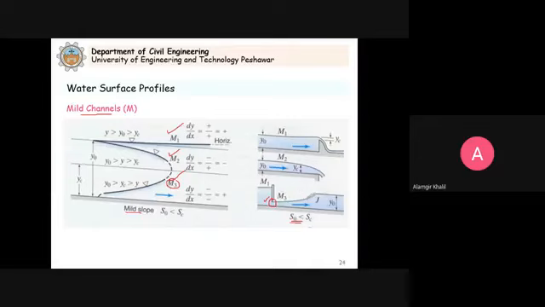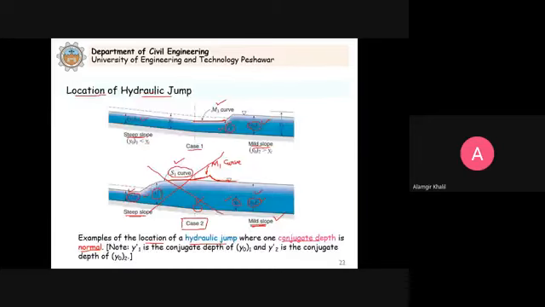You see, this is M3. So this is possible. And then after this, because the depth has to further increase to maintain the normal depth on a mild slope, it will pass through the critical depth. And as a result, this hydraulic jump can occur. And after the hydraulic jump, the water will flow with normal depth.